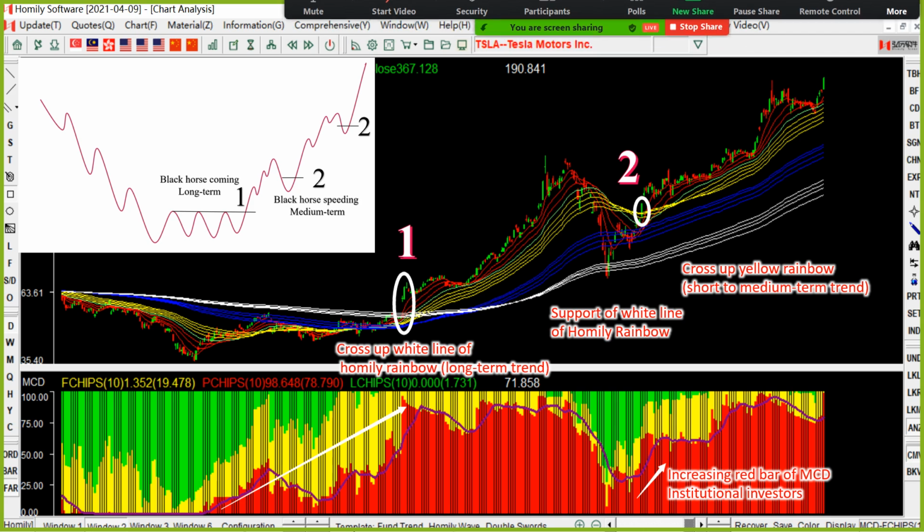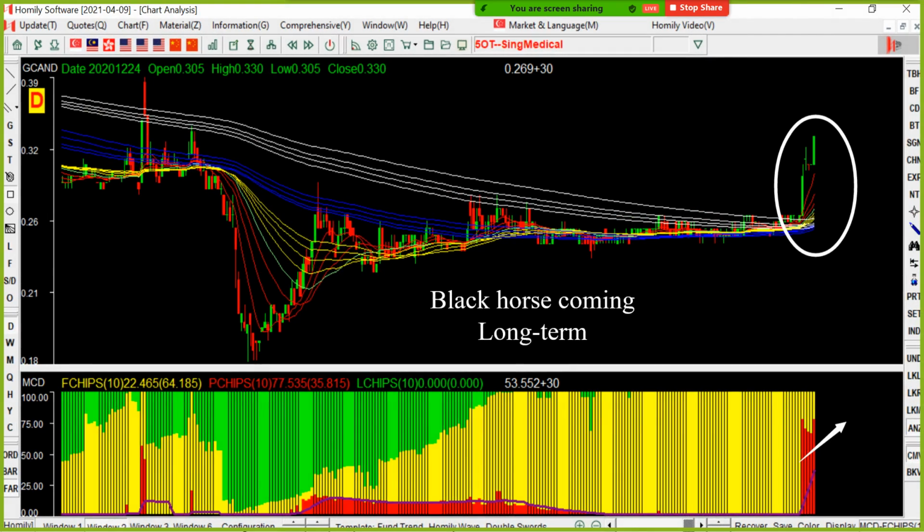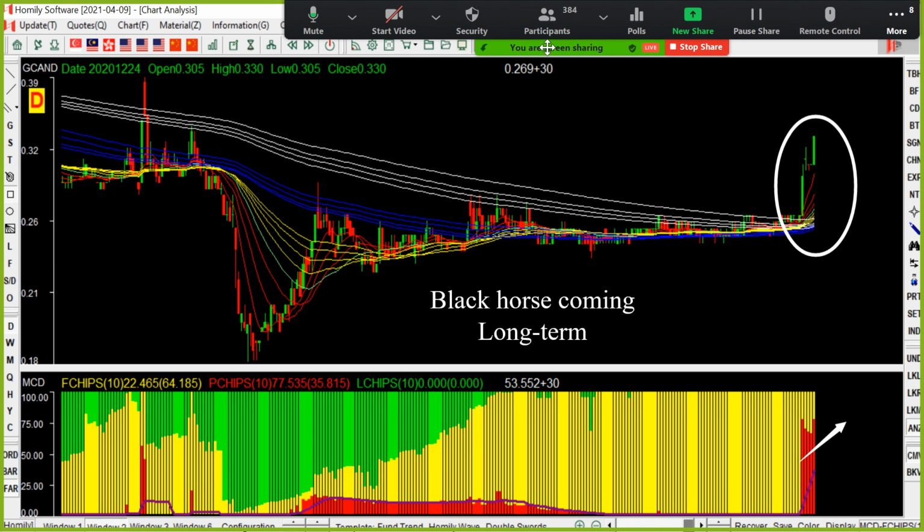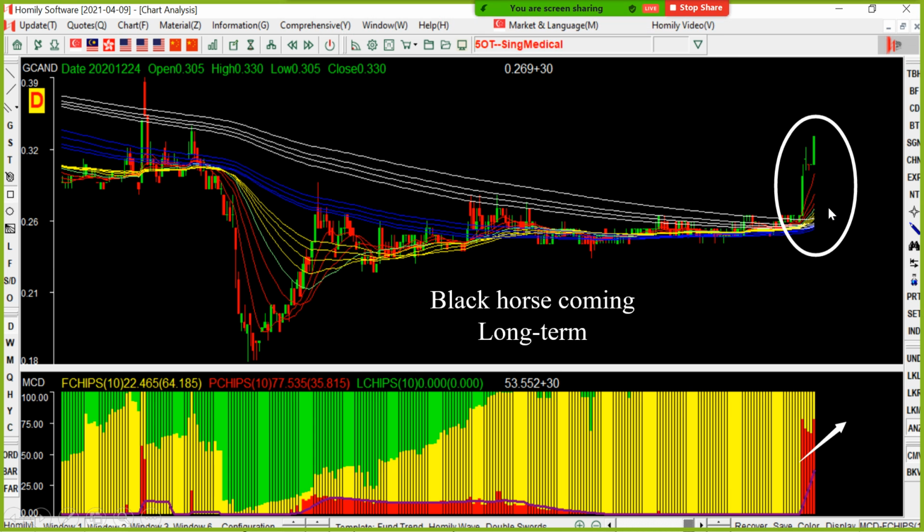Recently in our local market, some shares just rose up one by one, after the bank, property, and some blue chips. You see, Friday, Sing Medical, because the COVID-19 in the UK became bad again, the price already rose up a lot.